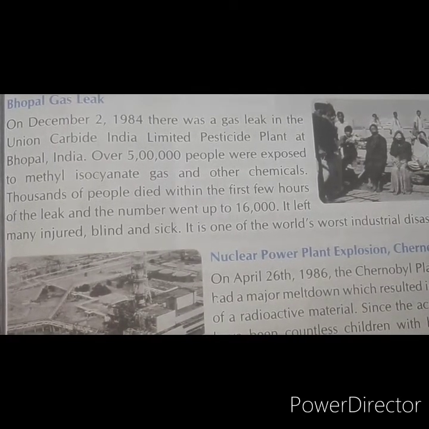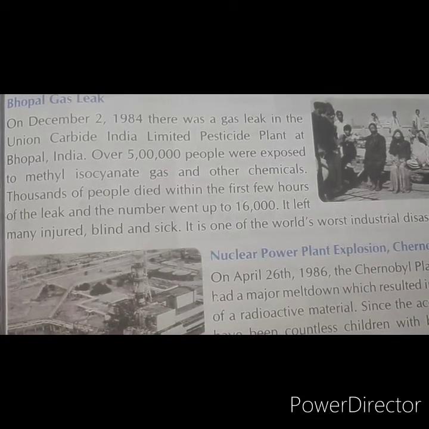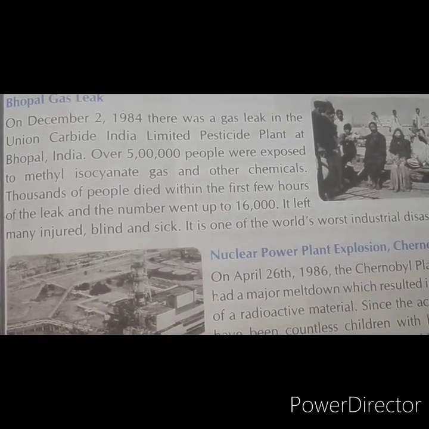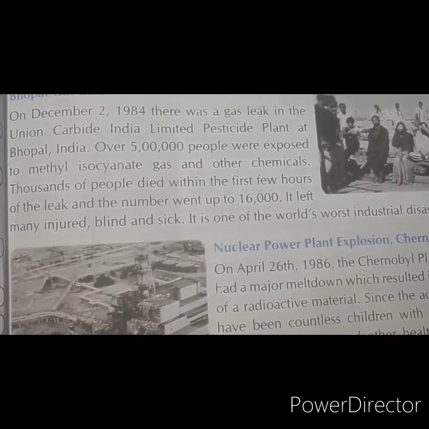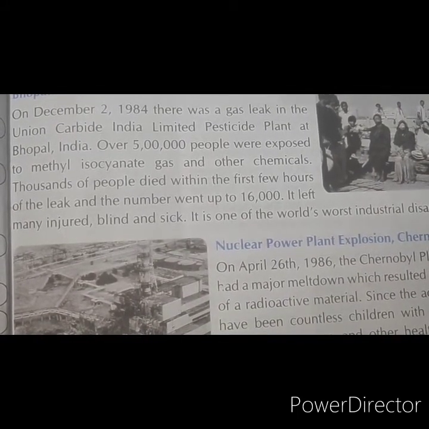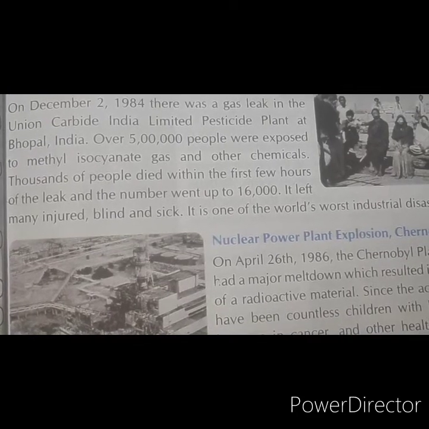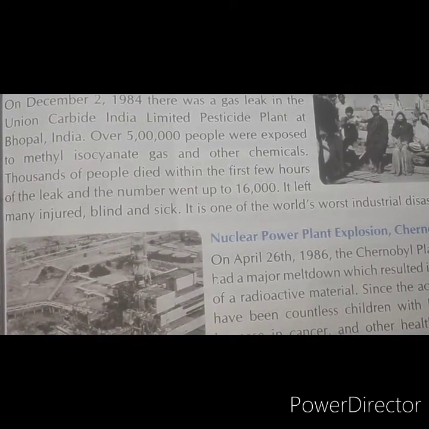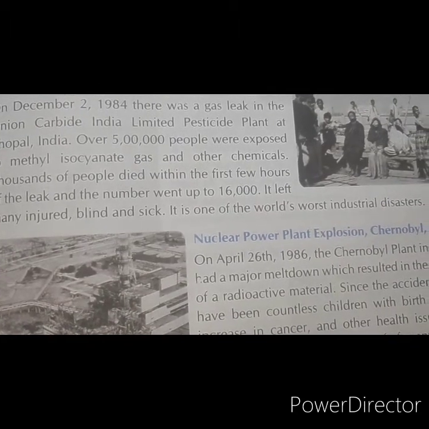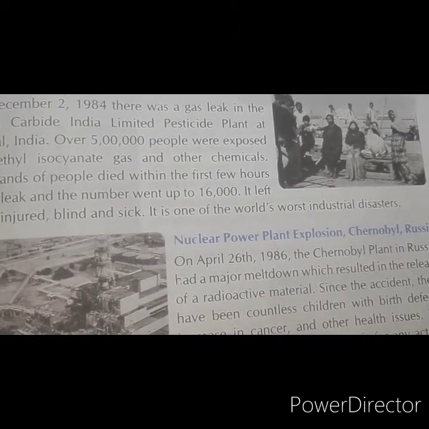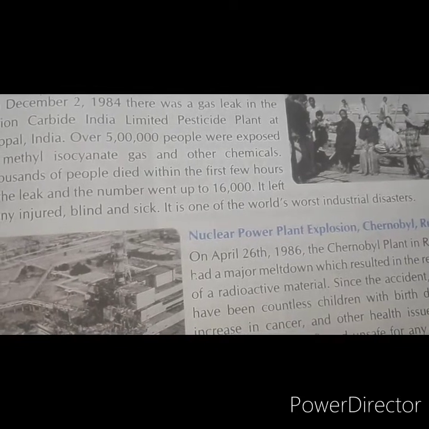Thousands of people died within the first few hours of the leak, and the number went up to 16,000. It left many injured, blind, and sick. It is one of the world's worst industrial disasters.